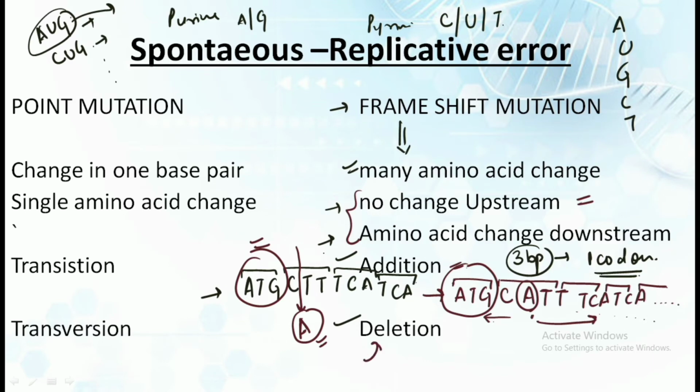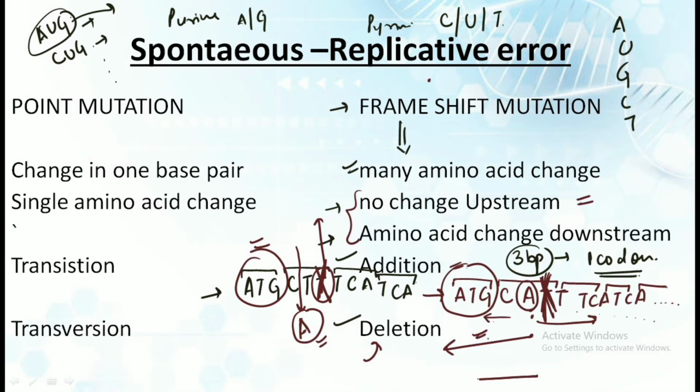And same is the case of deletion. Just consider any particular amino acid gets deleted. So consider this amino acid gets deleted. If we delete this amino acid from this area, as a result all of the amino acids after this point would be affected, but the amino acids upstream to this area remain the same.